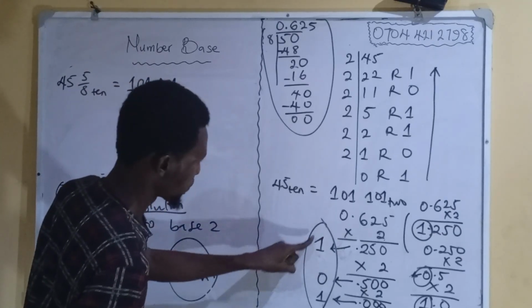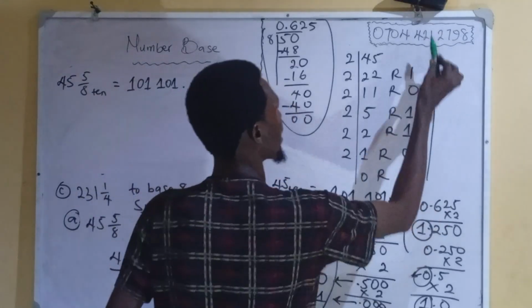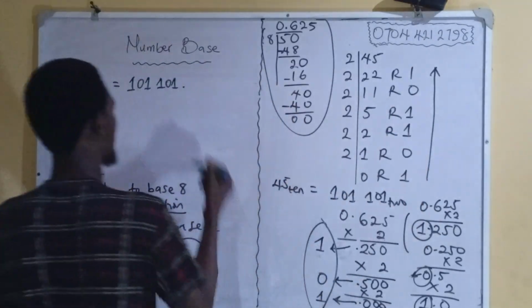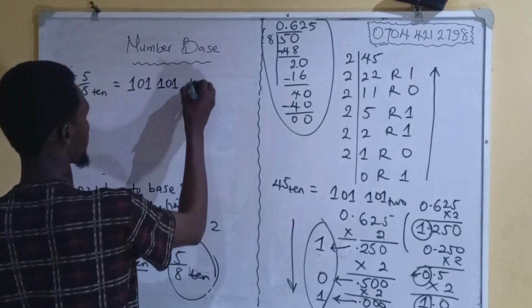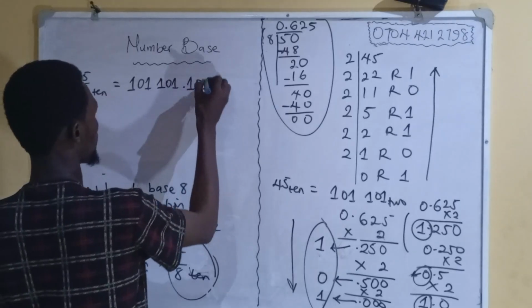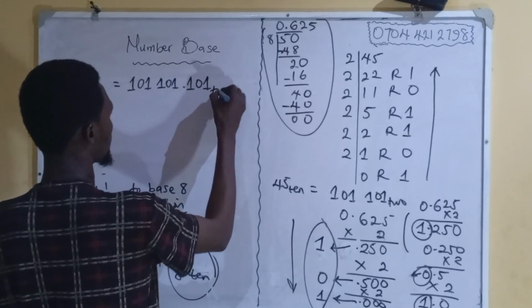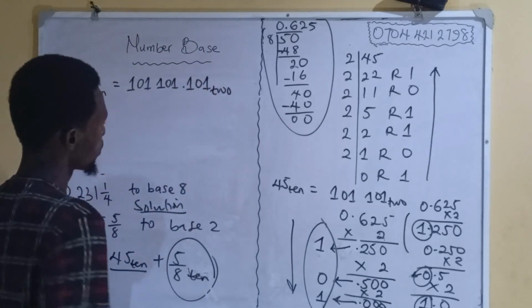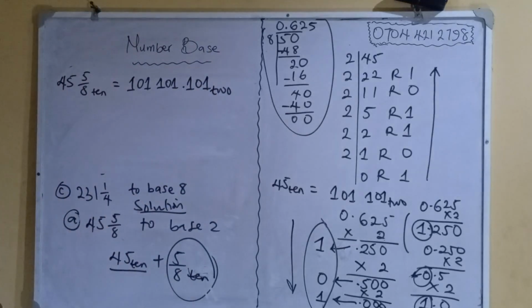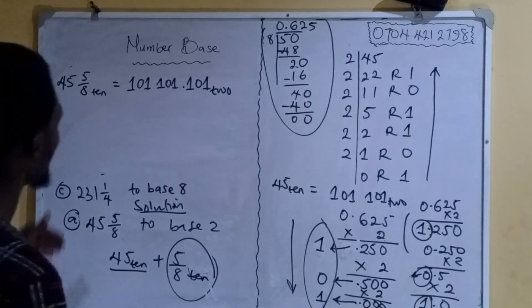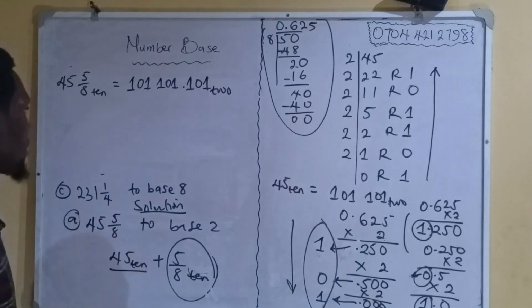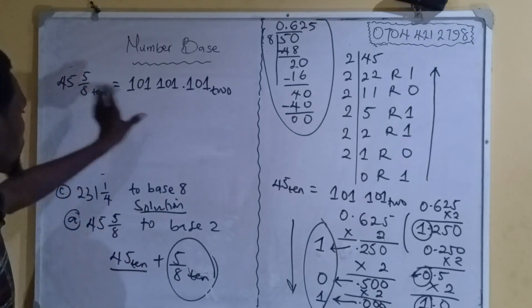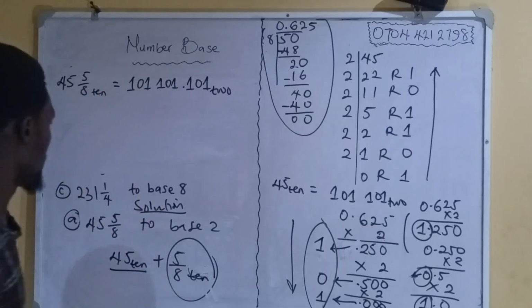All this number you were going like this, but this one you write this way. So that's how we convert numbers from base 10 to other bases. Whether you have it in this form or any form, this is how we do that.